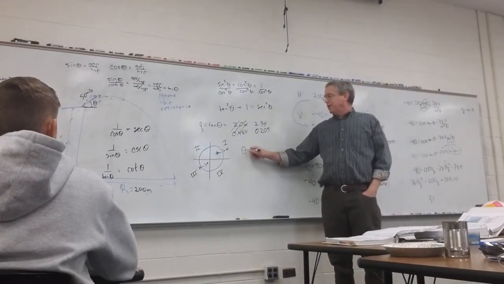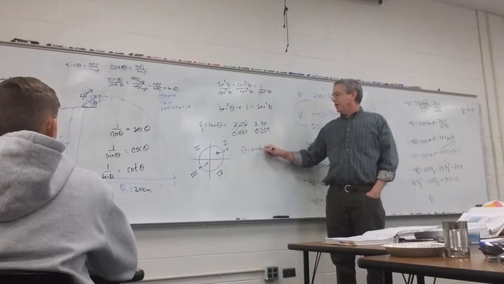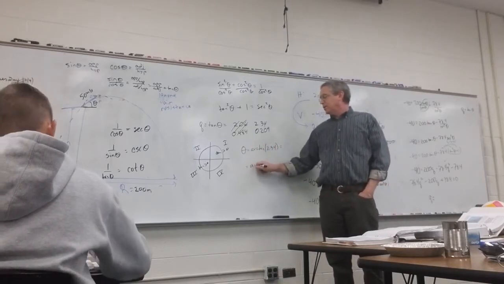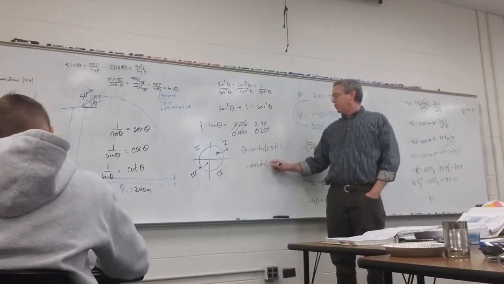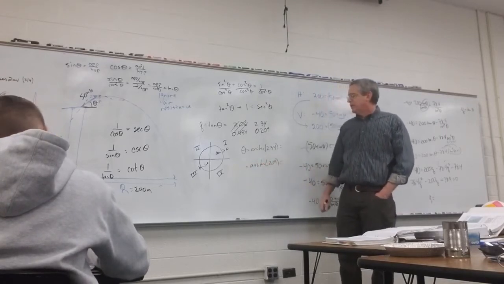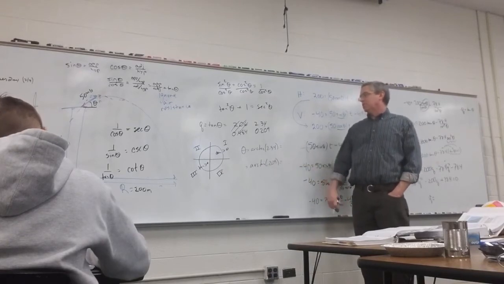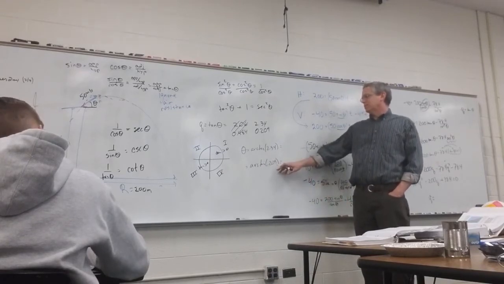So theta is the arctan of 2.34 and the arctan of 0.209. So 0.225. So this is about 10 degrees.